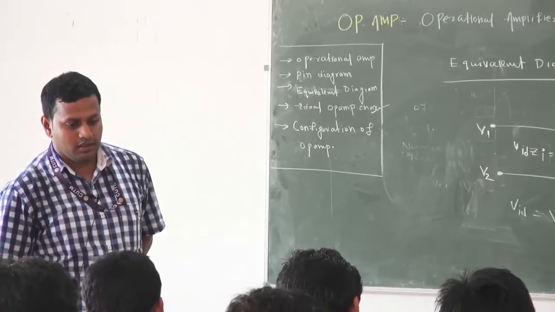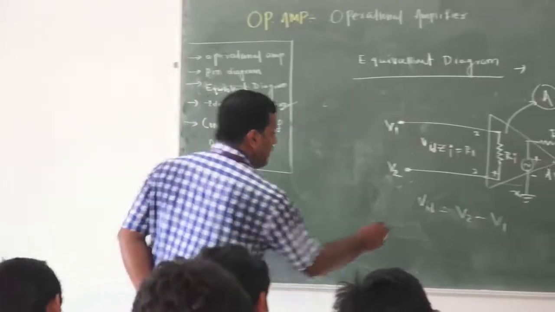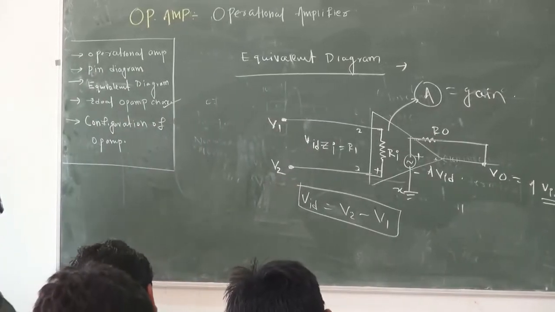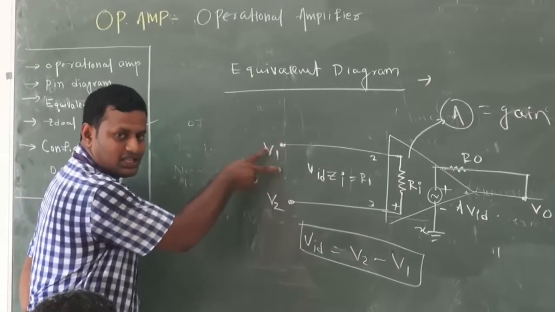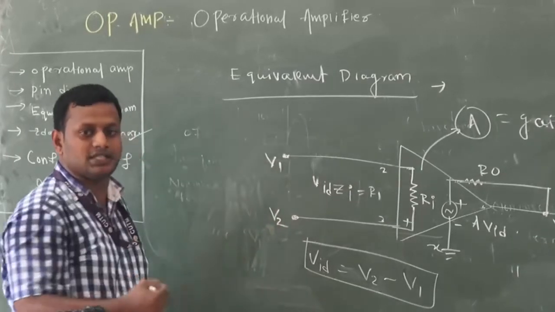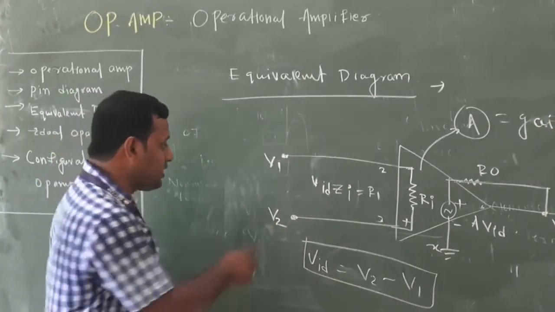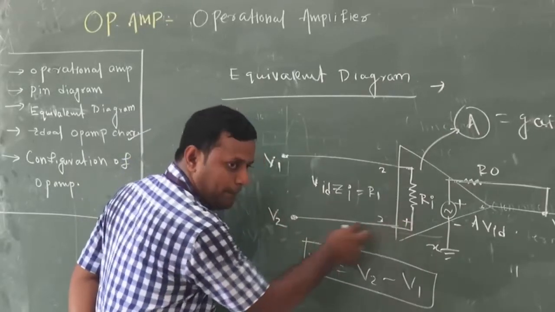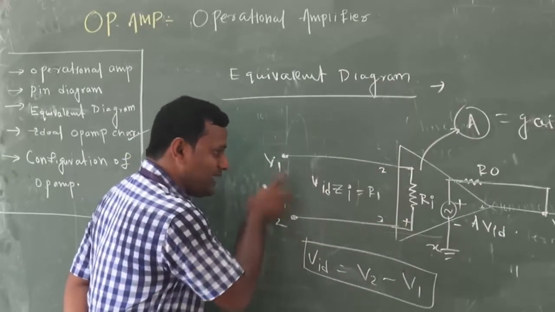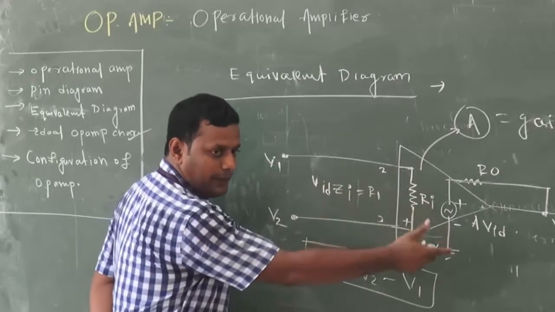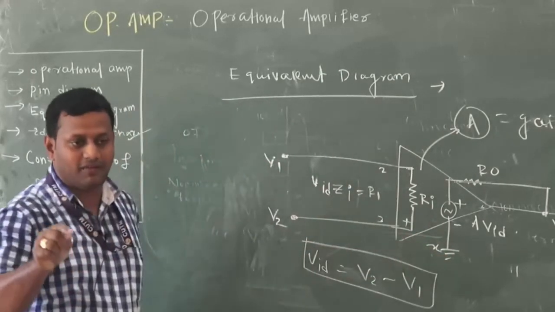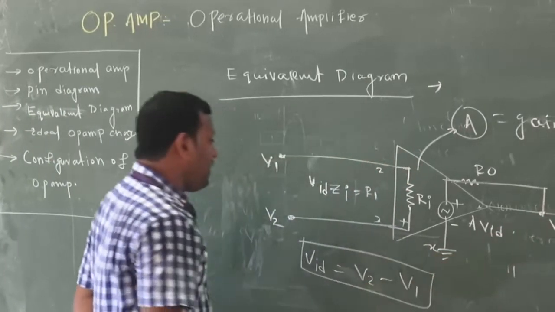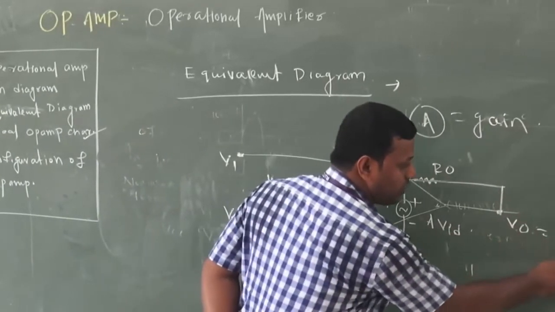Whenever voltages are applied to both terminals, it simply takes the difference of these two, and V2 is applied to the plus side. So V2 minus V1, times A, is my output, where the ideal value of A is infinite. So in general I can say V0 is equal to A into VID.